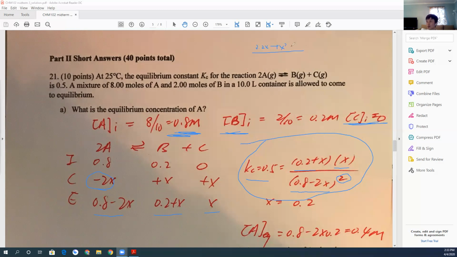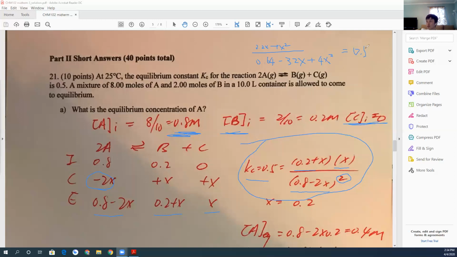At the bottom, 0.8 squared is 0.64, minus 2 times 2 times 0.8, which is 3.2x, and plus 2x squared, which is 4x squared, 2x times 2x, and that equals 0.5.